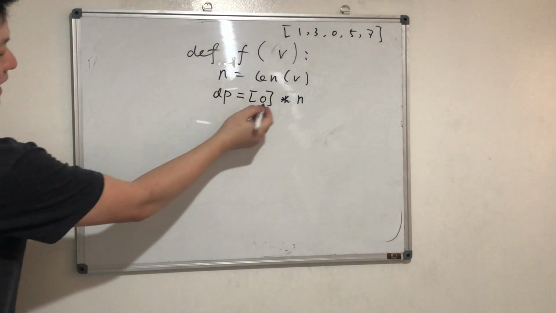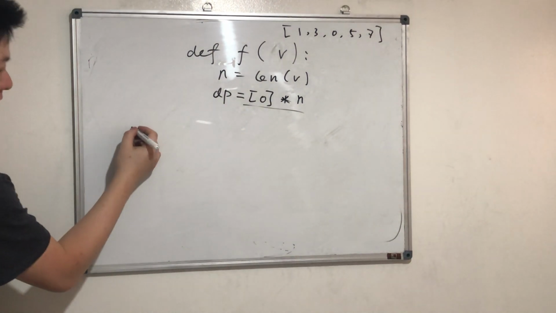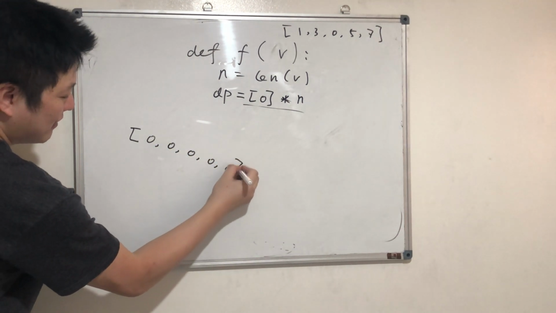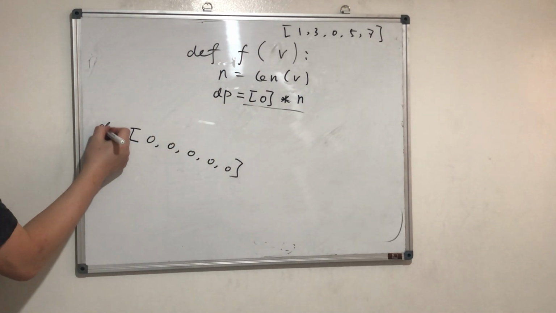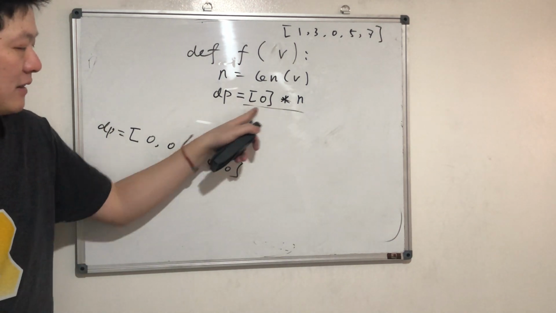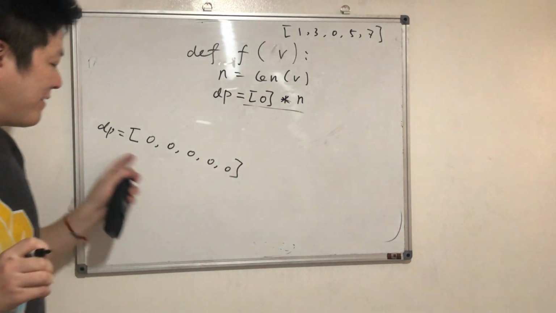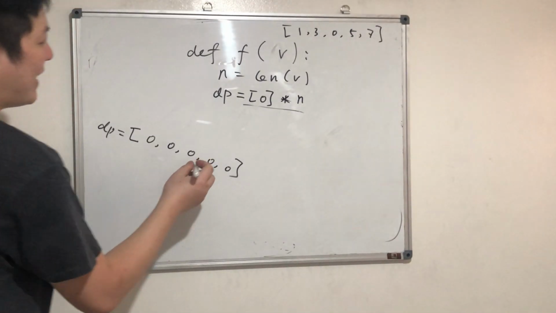What it means is that n is 5, and after this, we're creating an array of 5, which will be 0, 0, 0, 0, 0. So after this, dp is this. Is this simple?